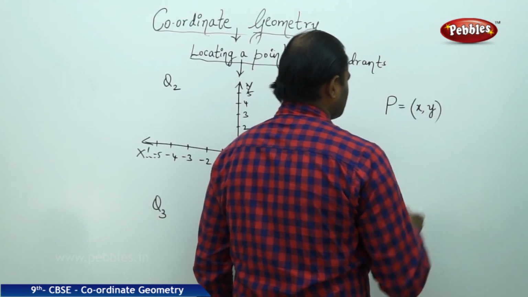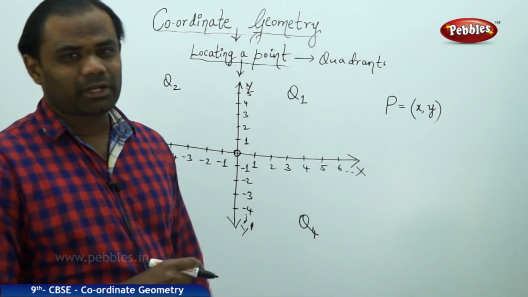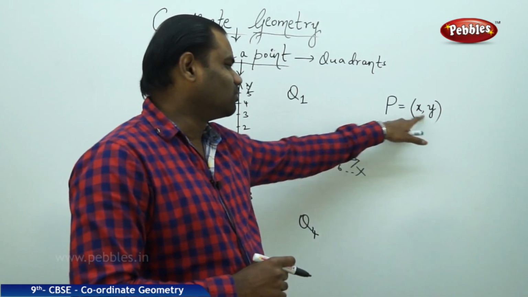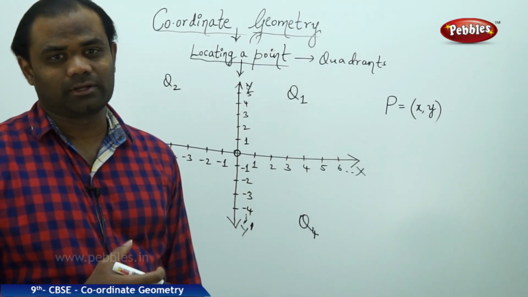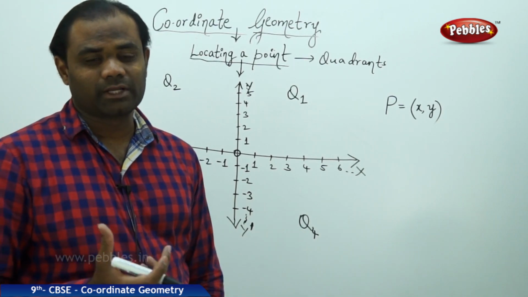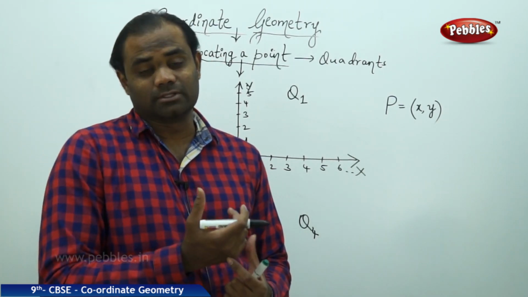x, y. Before we enter into locating a point, let's recap how the notation is done for a point. What is the rule for denoting a point with symbols?